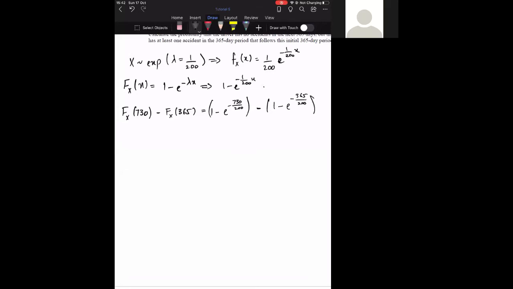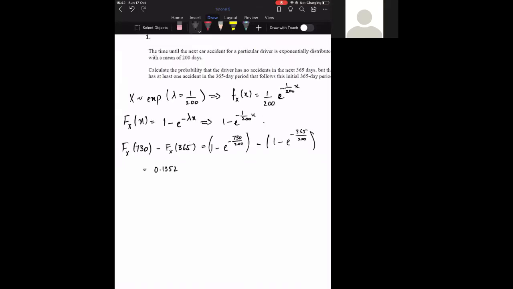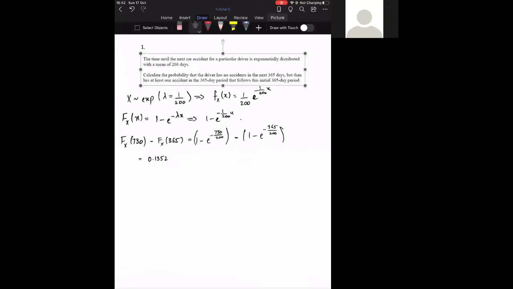If we calculate this, it comes out to be 0.1352. Let's have a look at this for a second and see if it's clear for you.